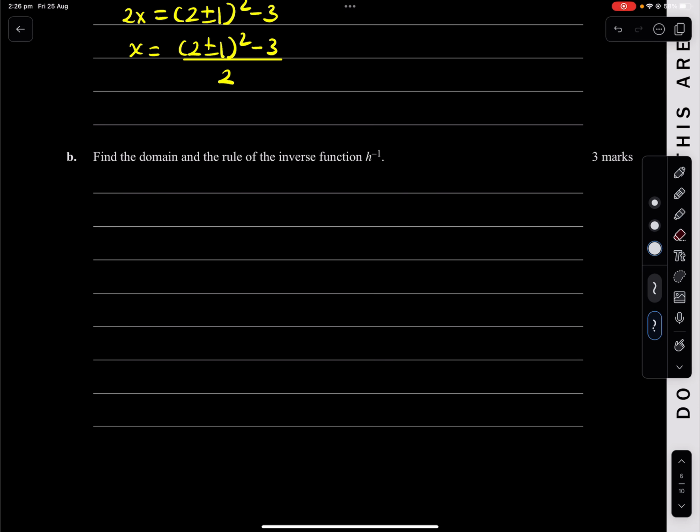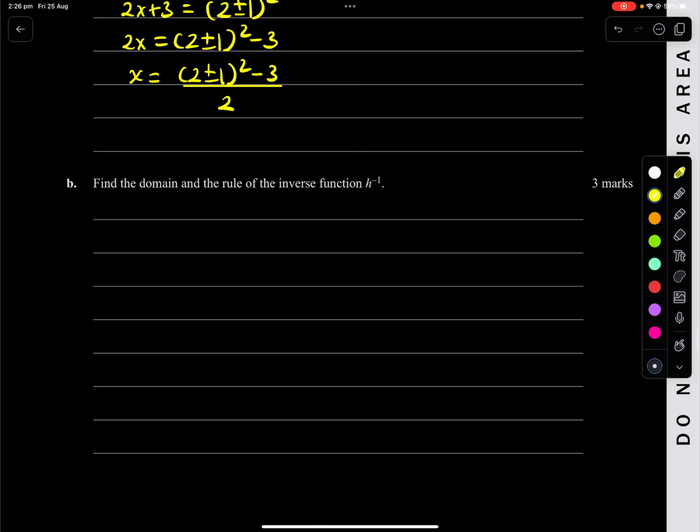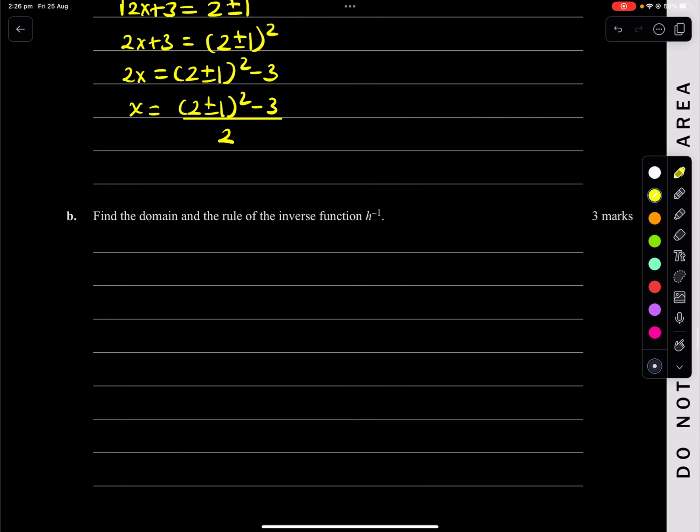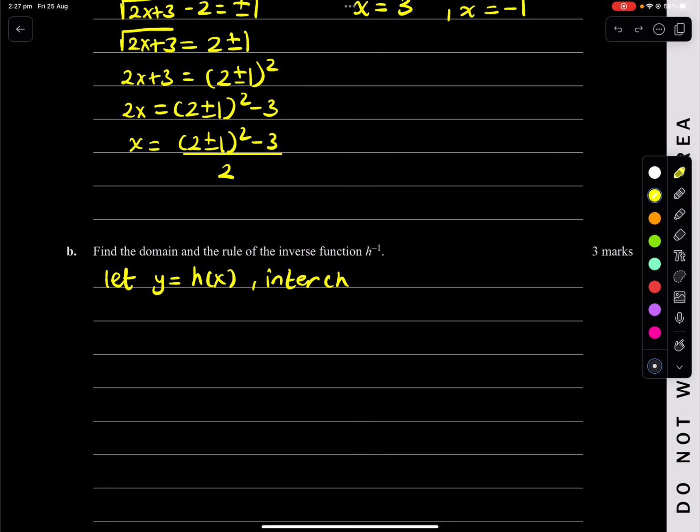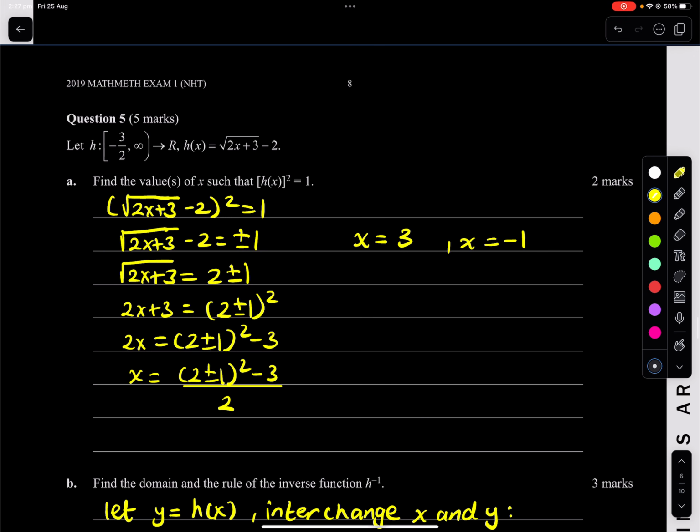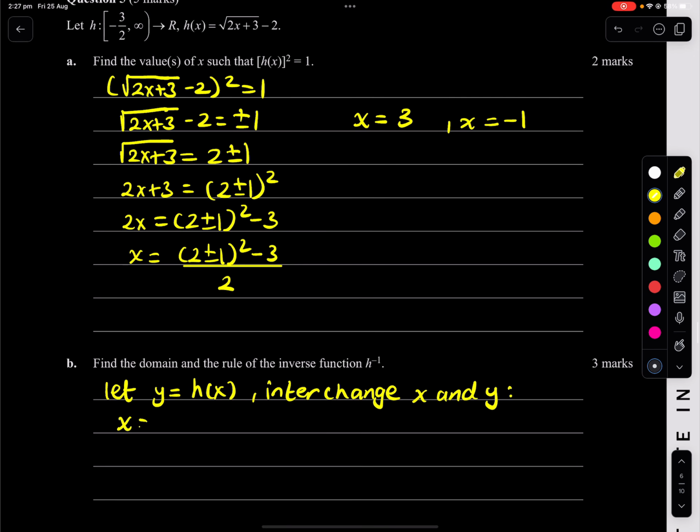Find the domain and the rule of the inverse of h. Okay, easy. Let's first find the rule. Let y equal h of x. Interchange x and y. So that will mean x equals square root of 2y plus 3 minus 2.